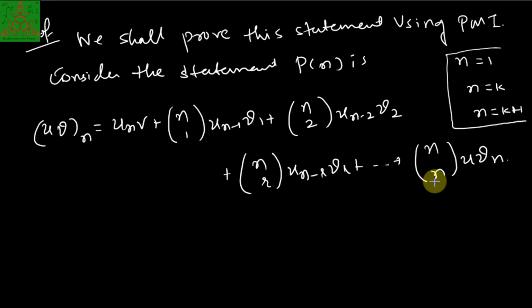This is my statement number 1. To show the result is true for n equal to 1 or n equal to 2, we have to use the product rule for the first derivative.